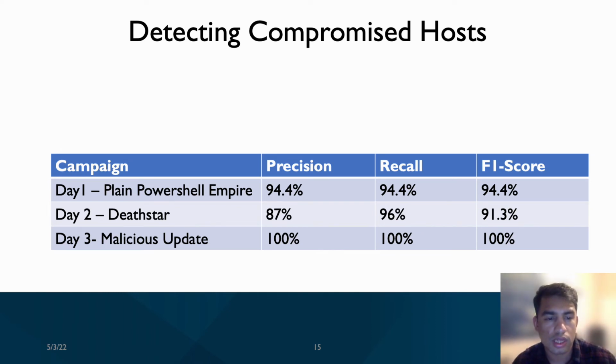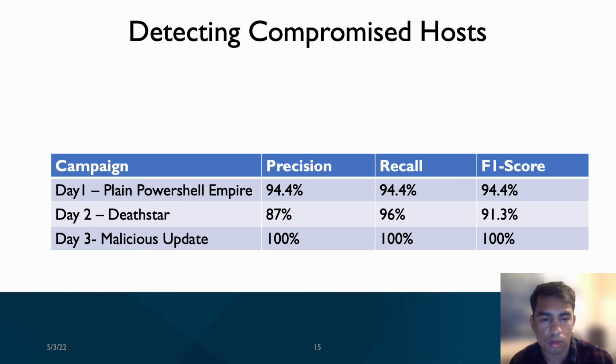On day 2, Death Star was particularly noisy and it touched hundreds of different hosts and impacted several users. After performing the temporal correlation with the individual subgraphs extracted on different hosts, we were able to prune a lot of false positives, and we did obtain a satisfactory result.